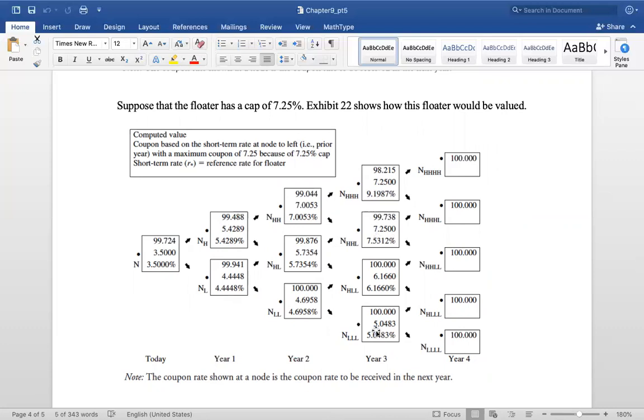Now the prices will change, because it's 100 plus the coupon of 7.25, but we are discounting it back at 7.5312. Similarly here, it's 100 plus 7.25, but we are discounting back at 7.5312.